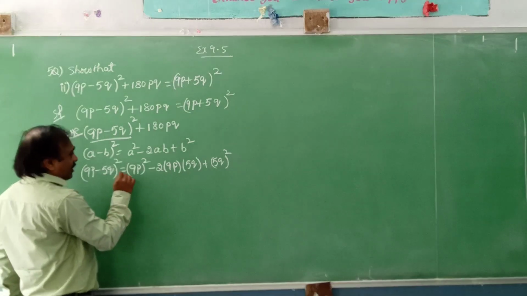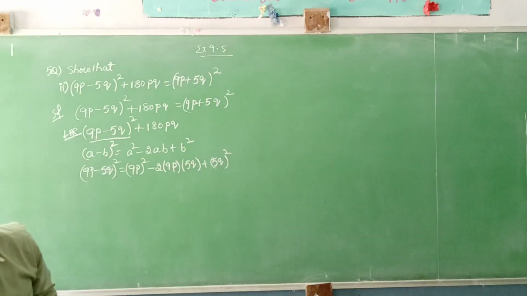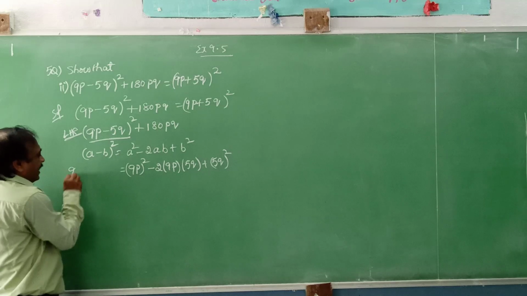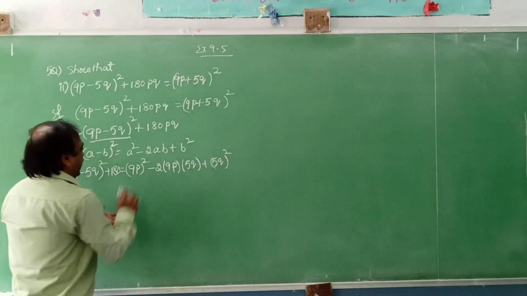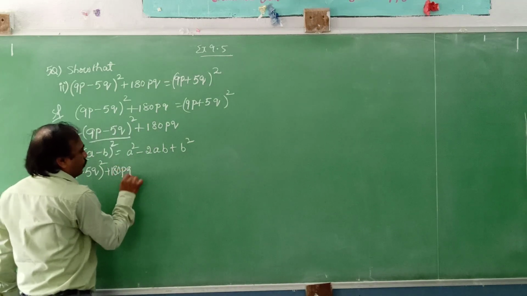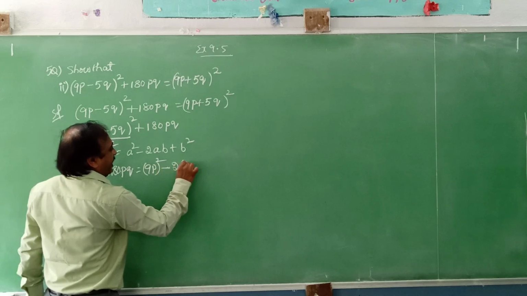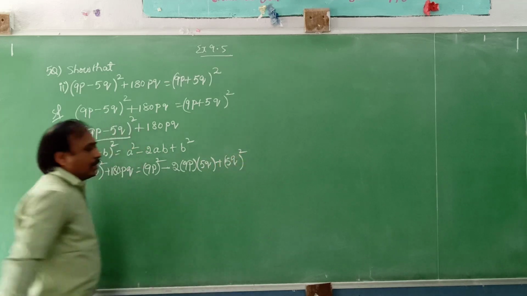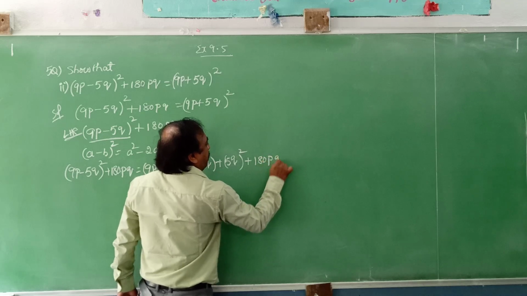Then the plus 180pq is there, so in place of (9p minus 5q) whole square plus 180pq we write (9p) square minus 2 into 9p into 5q plus (5q) whole square plus 180pq. Are you following?